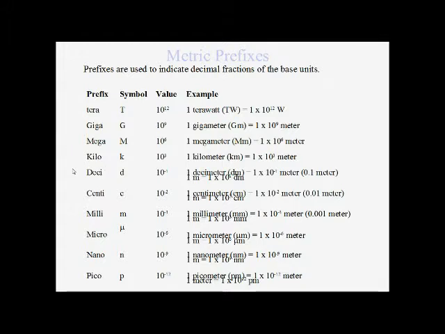Going down to small size, we have a couple additional prefixes that are not multiples of 1,000. One tenth is deci, with the symbol lowercase d. It's not used all that commonly. One hundredth is centi, symbol lowercase c, and this is a pretty common one. And then from there we're back onto the multiples of 1,000. One thousandth is milli, symbol lowercase m.